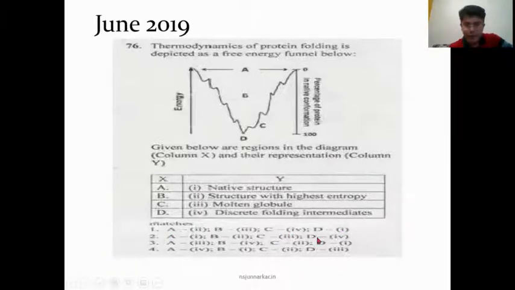So A2 and D1 is in the first option. Let us look at the others also. B is the one which is intermediate, so molten globule can be regarded in this case, and C is the discrete folding intermediates, so C4 is the most appropriate. So the most appropriate option is the first one, A2, B3, C4, and D1. So this is the correct option.